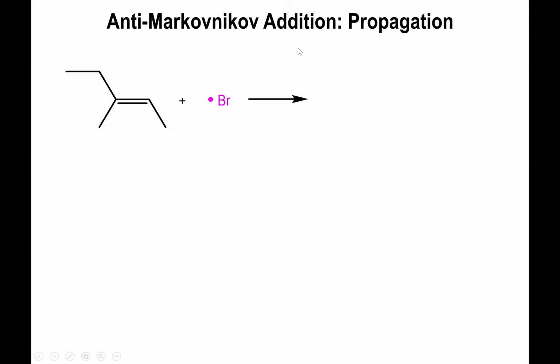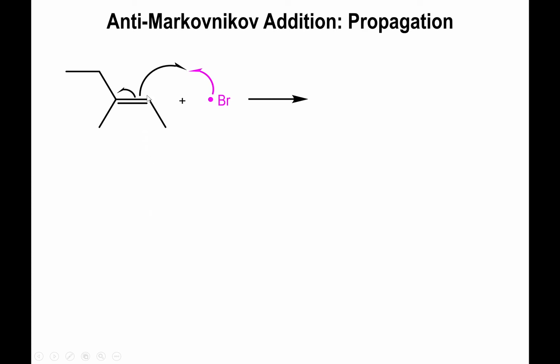Now, to explain why the formation of a radical ultimately leads to the anti-Markovnikov addition, we once again need to analyze the process in a mechanistic way, step by step, to see what intermediates we're producing. An alkene can still react with a radical the same way that it can react with an electrophile or a carbocation, but this time it's going to do it via one electron.